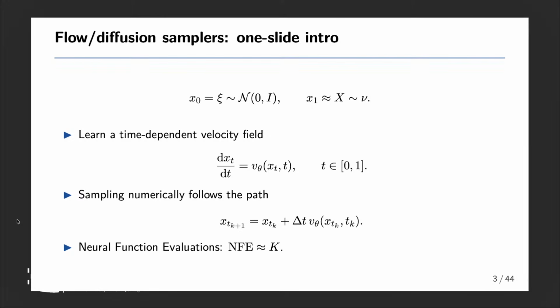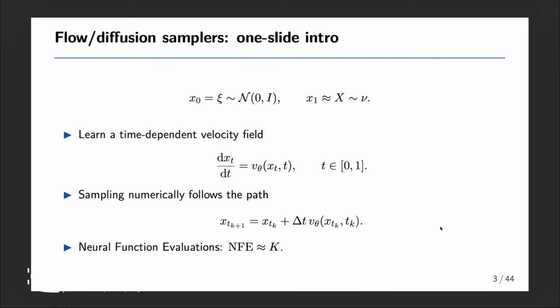Sampling, or in machine learning language, inference, corresponds to just discretizing this ODE. So you're going to do this type of step-by-step update, where you're required to evaluate the velocity field however many times you need to get epsilon close to the target in some sense, right?